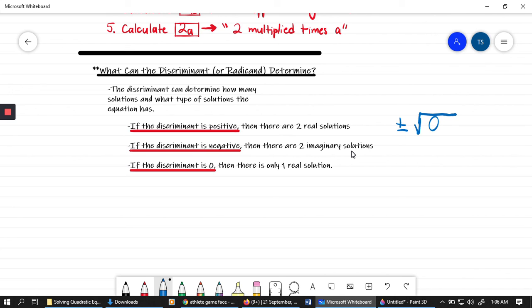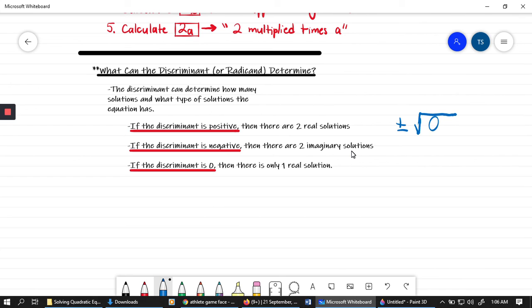So if you replace that square root of 0 with the number 0, what happens if you've got a set number and you decide to add 0 to it, or subtract 0 from it? What happens if you've got a specific number and you add 0 or you subtract 0? Adding 0 or subtracting 0 isn't going to change the value of it, is it?